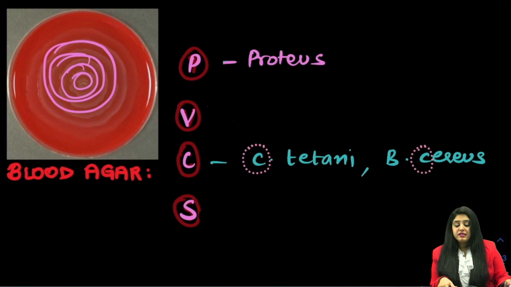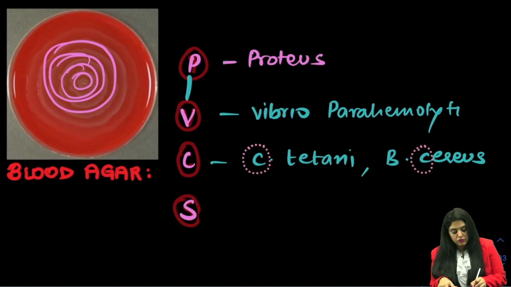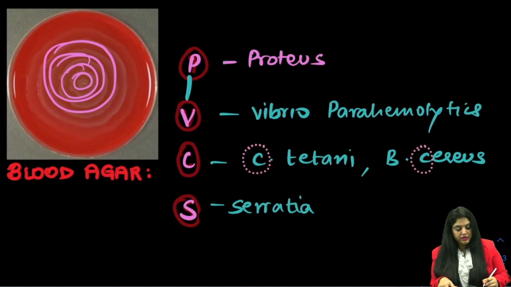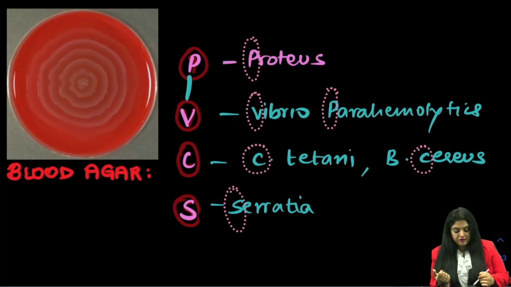That is important. And the next one is going to be Vibrio, but not Vibrio cholerae, VP, Vibrio parahaemolyticus. Vibrio parahaemolyticus also shows you swarming, and finally Serratia also shows you swarming. Repeating: Proteus, Vibrio, which one, VP, Vibrio parahaemolyticus, Clostridium tetani and Bacillus cereus, and finally we have Serratia. That is going to be the swarming motility that we are talking about.